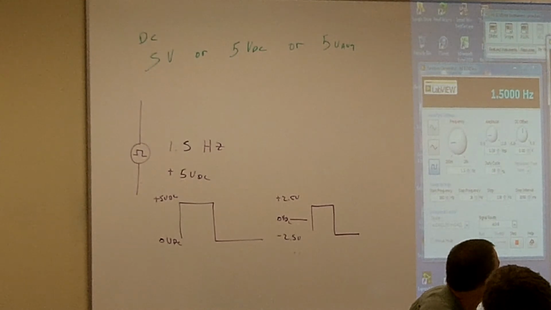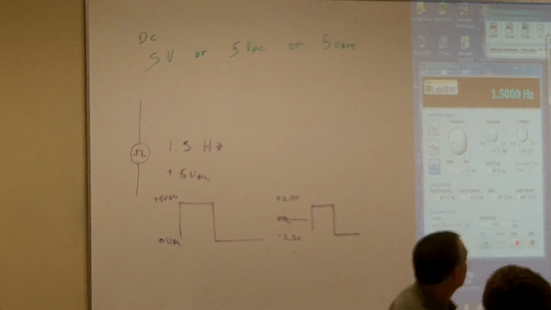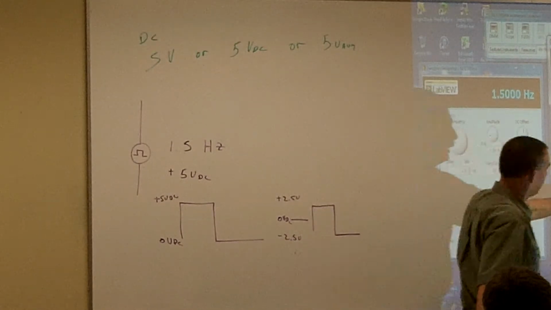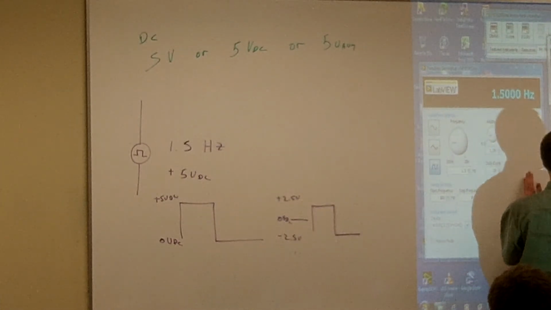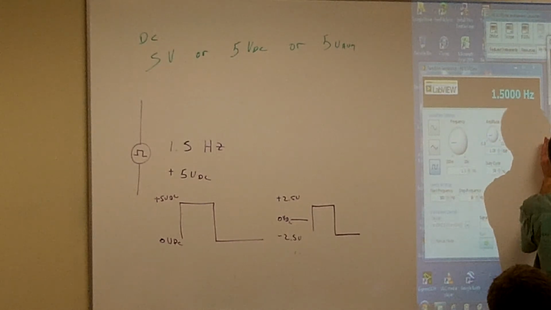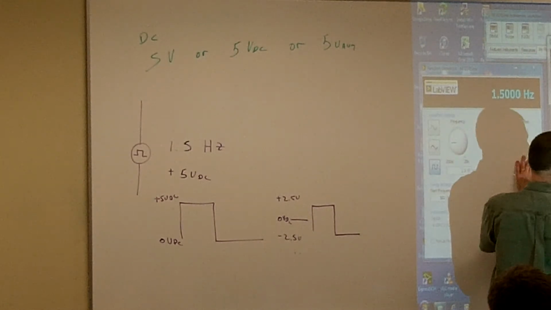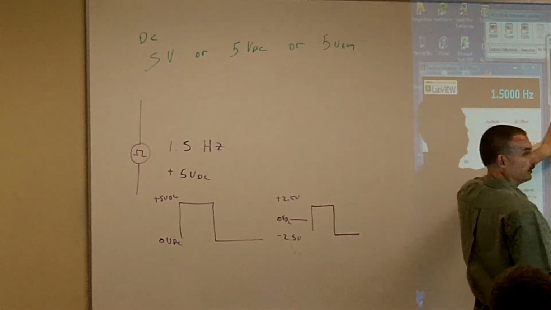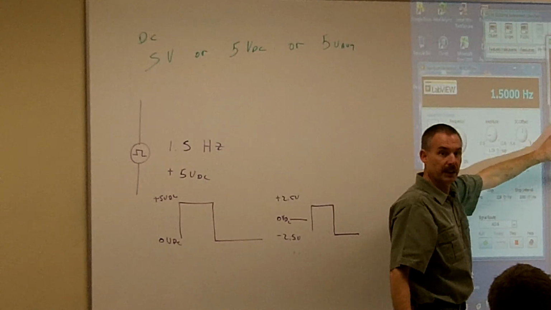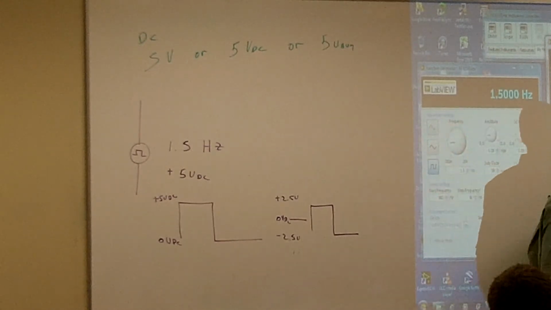So I gave it much more time. Now I've got 200 milliseconds per division. Even though this is still at 1.5 hertz, now I can see it just by adjusting my time.